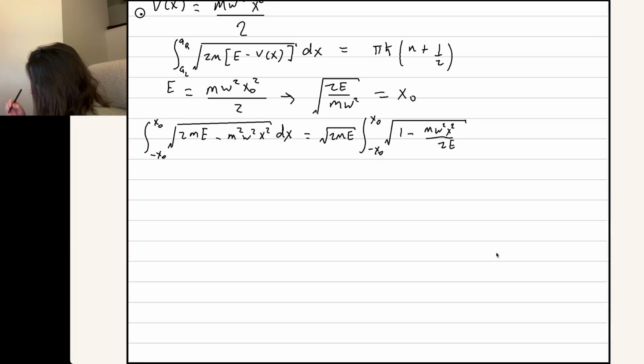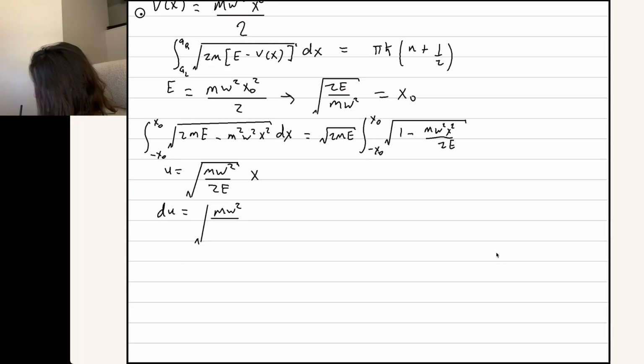So now we can do a u substitution. We can say that u is going to be equal to the square root of m omega squared over 2E times x, and so the differential will just be that same constant, the square root of m omega squared over 2E, times dx, and you can solve for dx to change over your differentials.